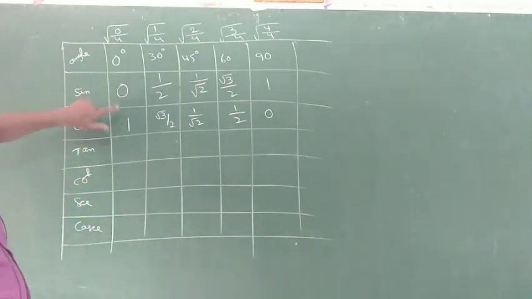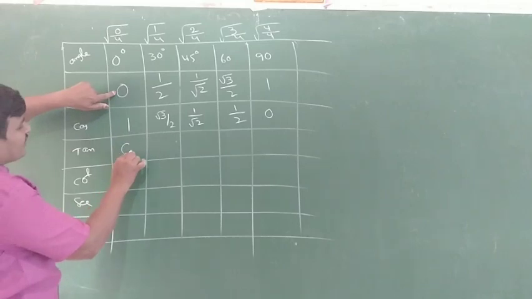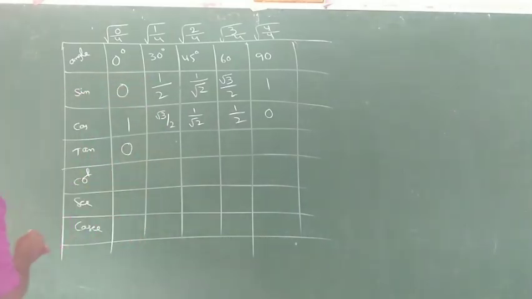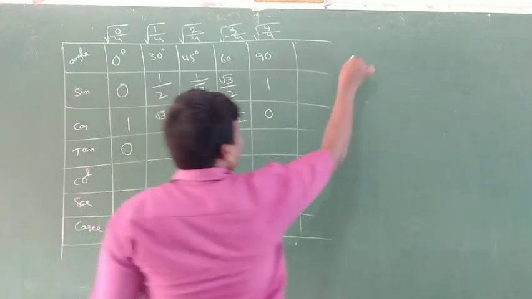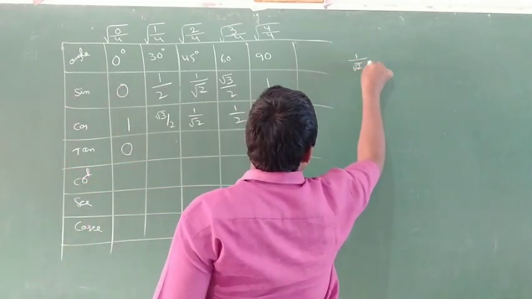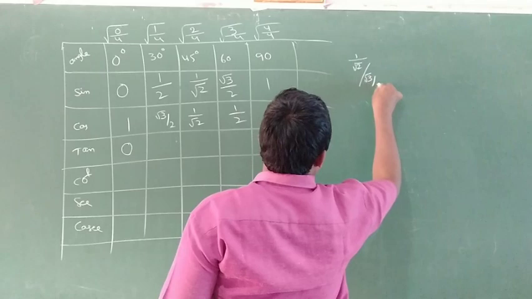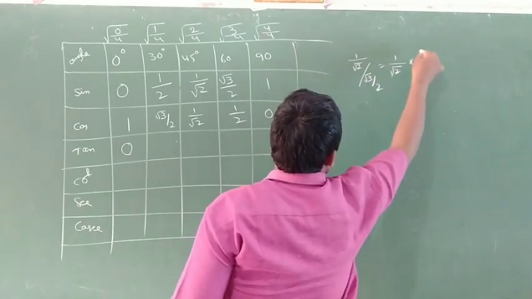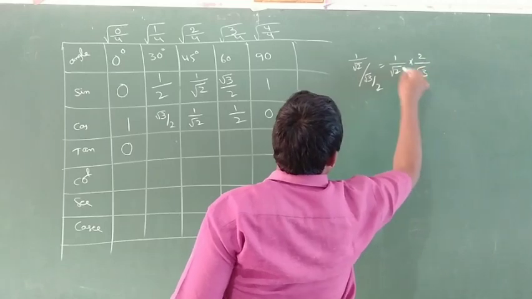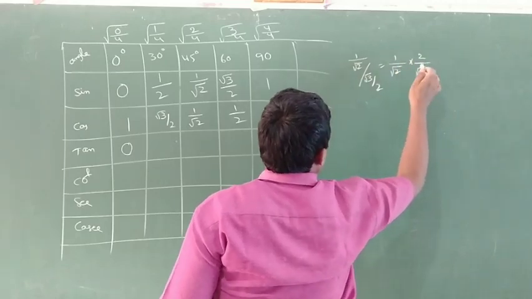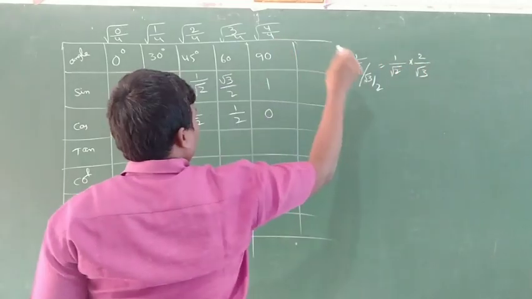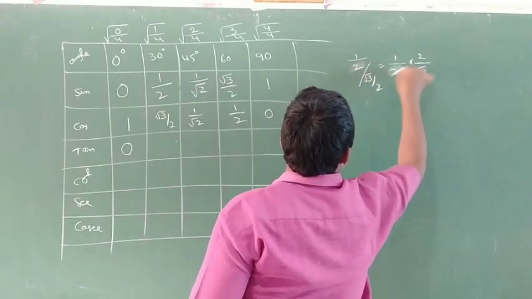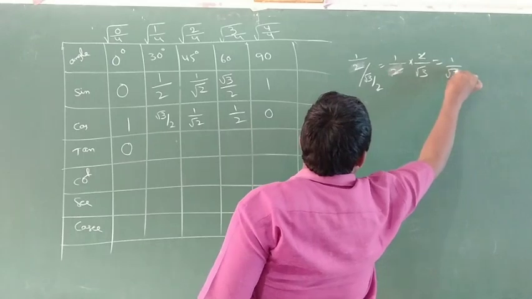Tan means sin by cos. 0 by 1, 0 by anything is 0. 1 by root 2 divided by root 3 by 2 is 1 by root 2 into 2 by root 3, reversed. The 2s cancel, that is equal to 1 by root 3.